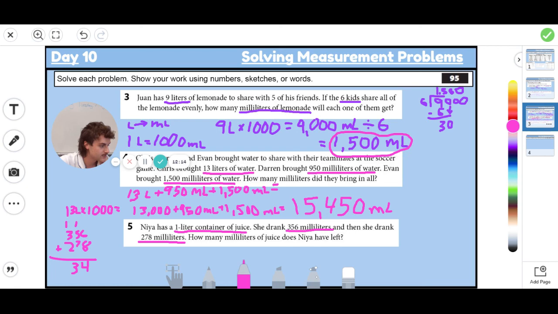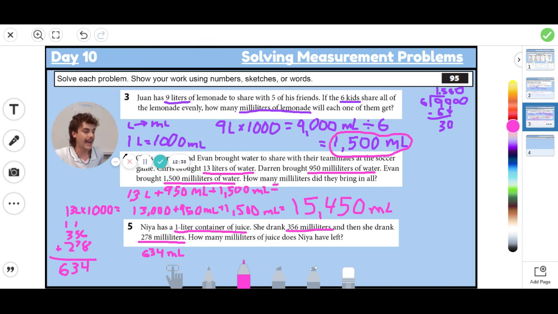And then 3 plus 2 is 5, plus 1 is 6. So our total right now is at 643, or 634, I read that wrong, 634 milliliters.